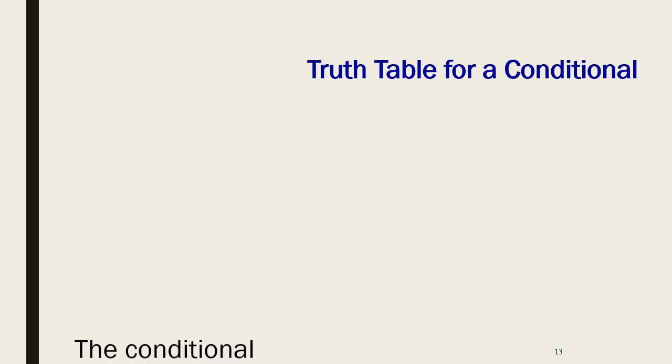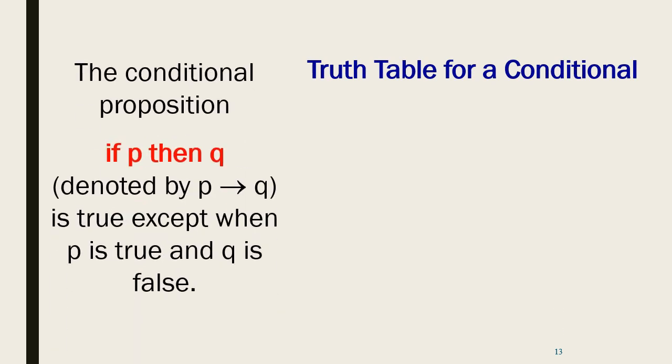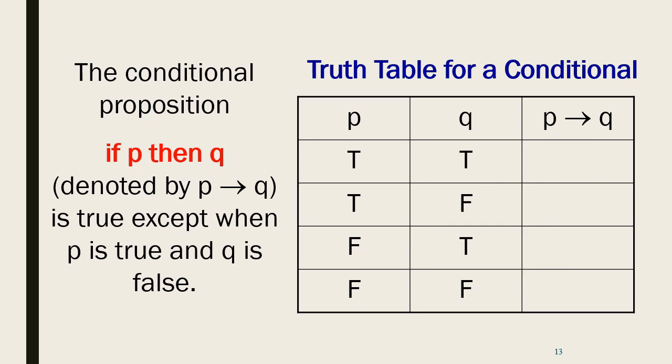Truth table for conditional. The conditional proposition if P then Q, denoted by P implies Q, is true except when P is true and Q is false. So here again we have columns for P and Q. If P is true and Q is false, then it is false.